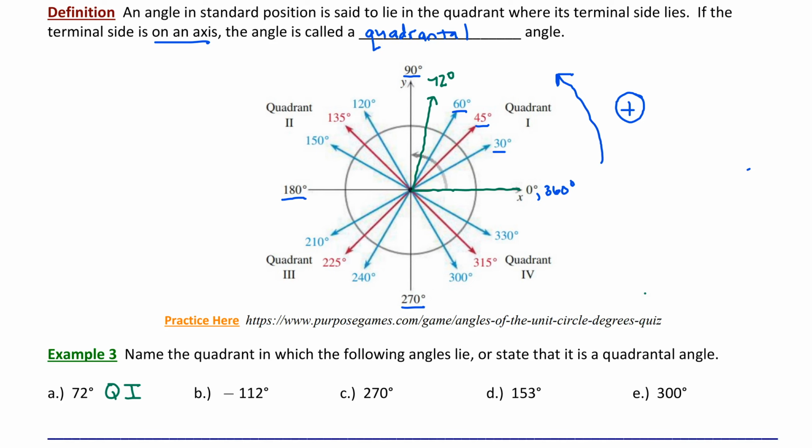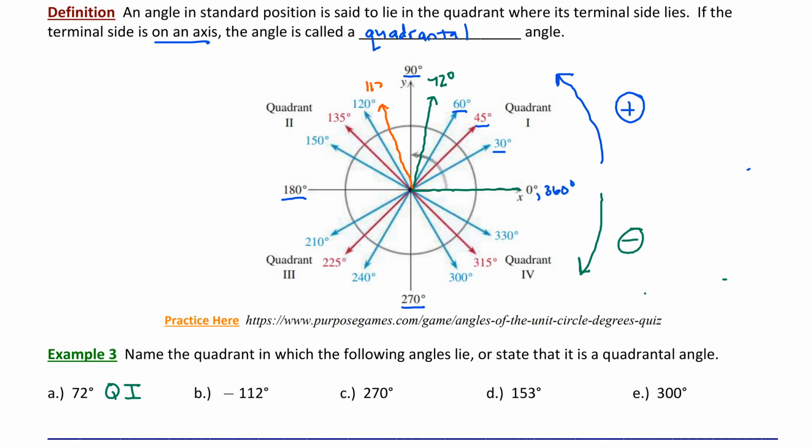Notice example B is a negative angle. In that case, we're going to rotate in the negative direction. But sometimes, especially if you get a large angle, it's nice to imagine where that angle is in the positive direction first. So positive 112 degrees is past 90 degrees, but not quite to 120 degrees.